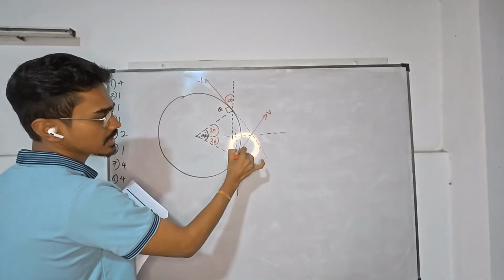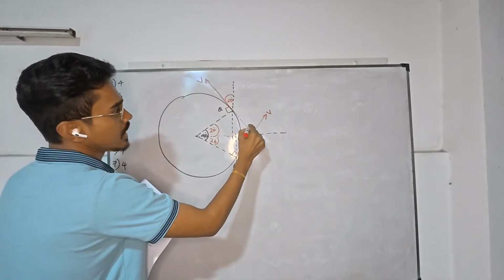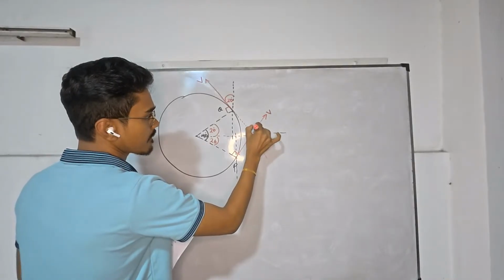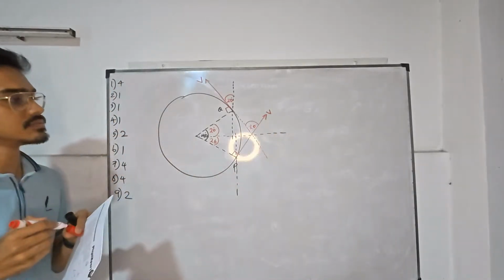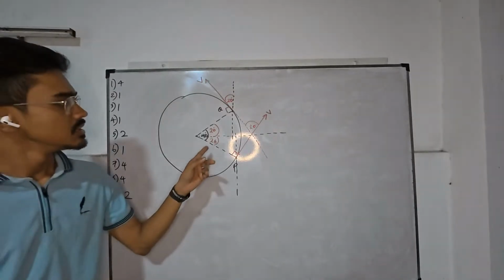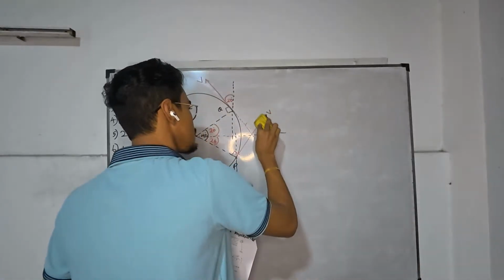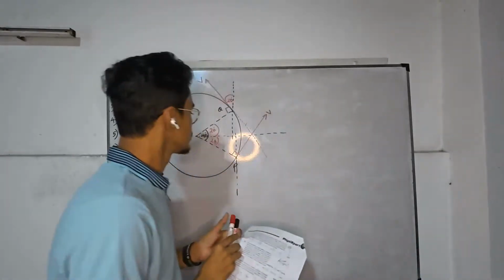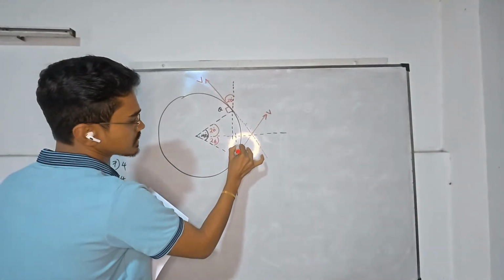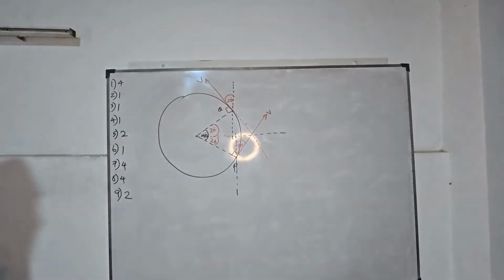Then this becomes 70 and this becomes 20, and here it will be 20 again. So it is 20, 90, 70, and this is 20.